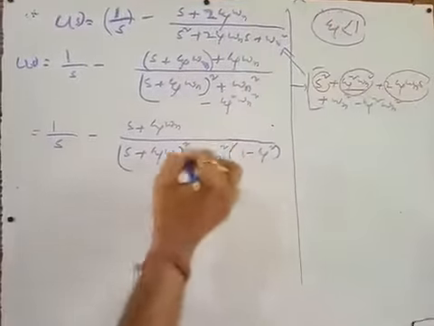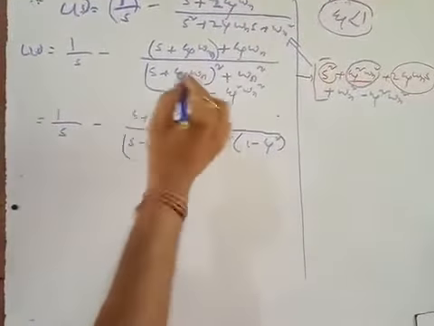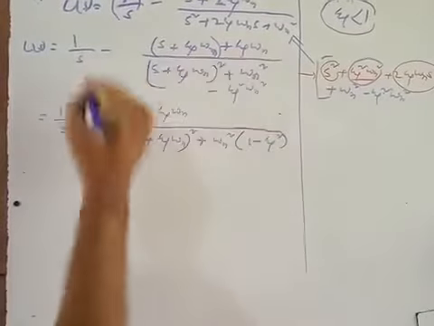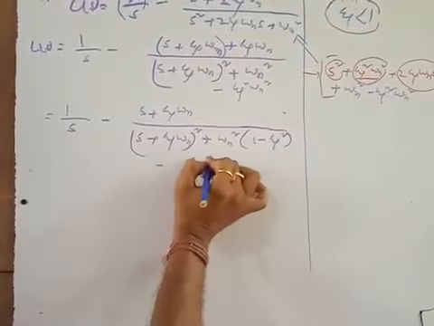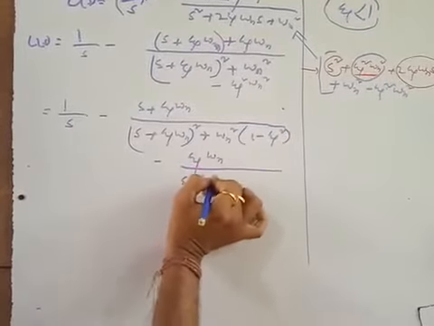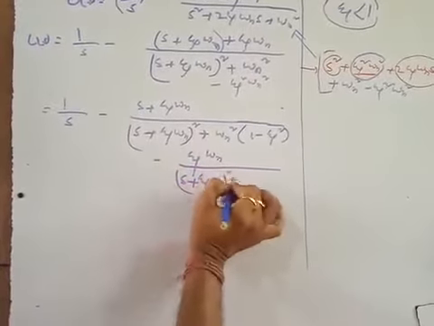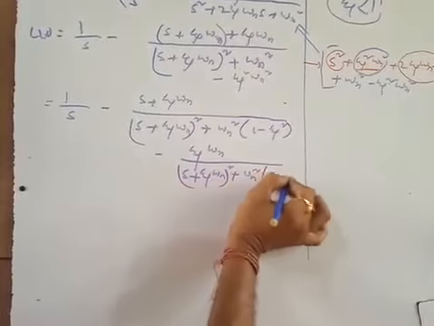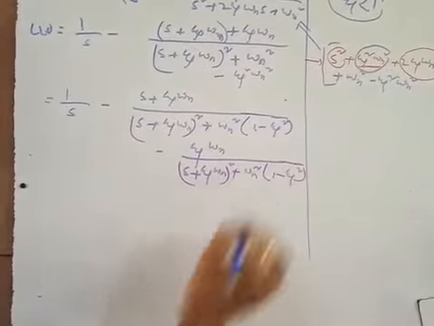We can write it like this, right? And what else? Plus xi omega n. So this will be minus of xi omega n by s plus xi omega n whole square plus omega n square into 1 minus xi square.